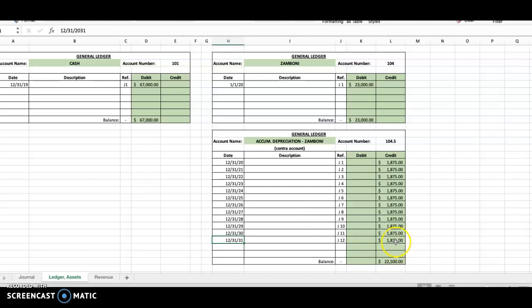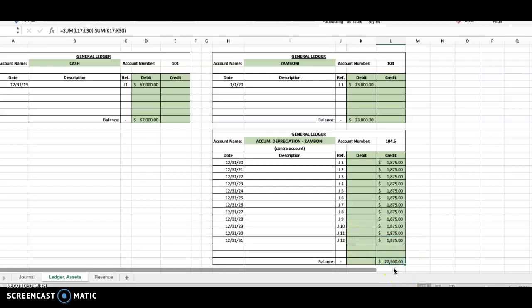And again, we made that same entry, credited the contra account for $1,875. So you see the balance in this account is $22,500. And if you subtract that from the initial cost of the Zamboni, we have a net value at this point of $500.